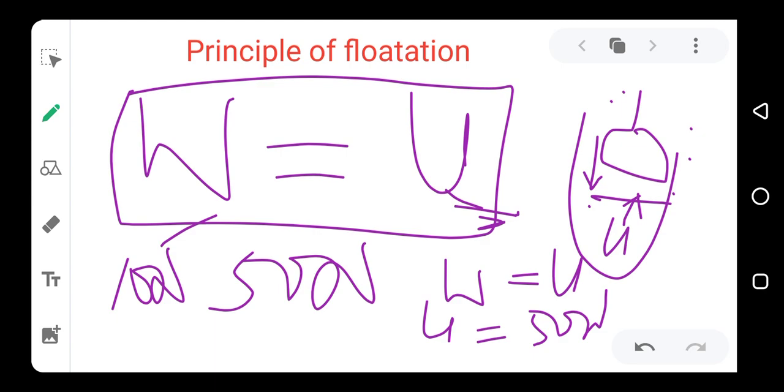Since the upthrust is equal to weight, the weight is also 5 Newton. So whatever amount they give you as the upthrust, it will be equal to the weight of the object, and whatever amount they give you as the weight, it will be equal to the upthrust, and vice versa. If they give you weight, you equate it to the upthrust. If they give you upthrust, you equate it to the weight.